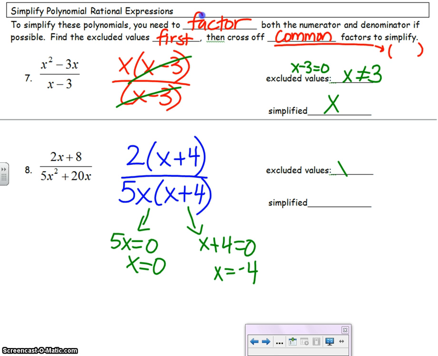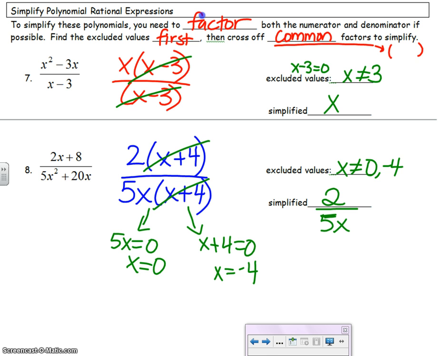And so we can write that x cannot be 0 or negative 4 on our excluded values line. And now we can look, is there anything in the numerator and the denominator that we can reduce? And we hopefully see that we can reduce the x plus 4 and the x plus 4. So my final answer that's reduced is 2 over 5x.